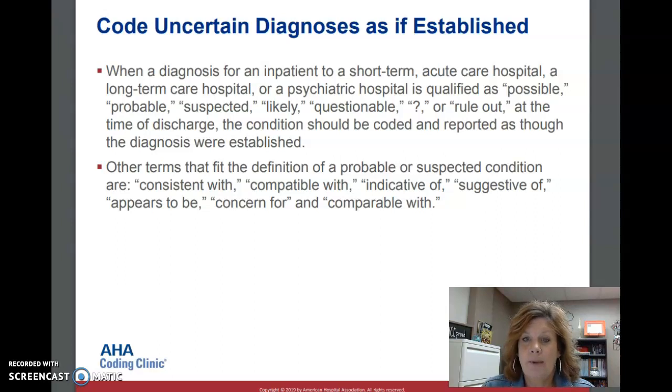So the patient had, as an inpatient, probable appendicitis, or questionable appendicitis, I code it as if they have it. So my code's going to be appendicitis. Other terms that fit: consistent with, compatible with, suggestive of.